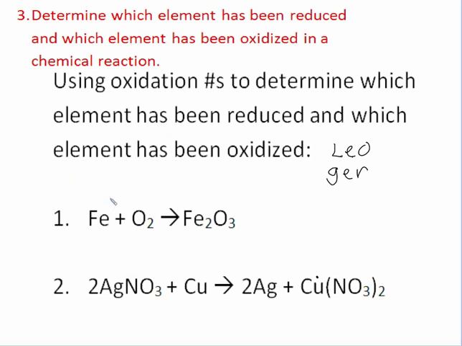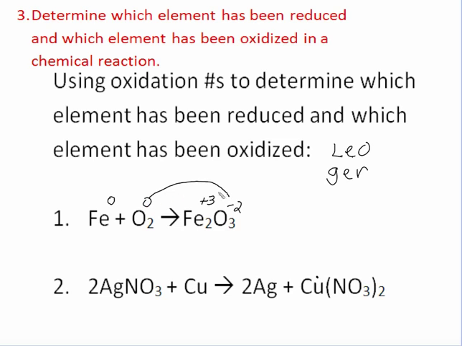So the first thing is you assign oxidation numbers. Well, anything by itself is 0. Oxygen is always -2. That means that the iron is +3. Now the easiest way that I think about it, if the oxidation number goes down from the left side of the equation to the right side, see how oxygen went down?